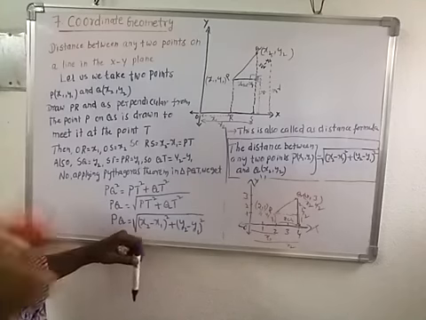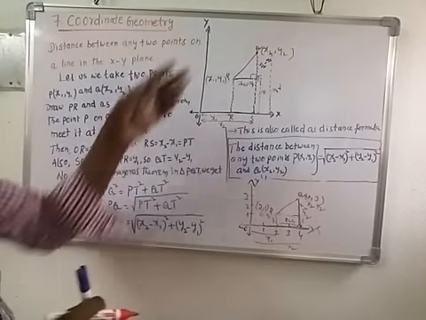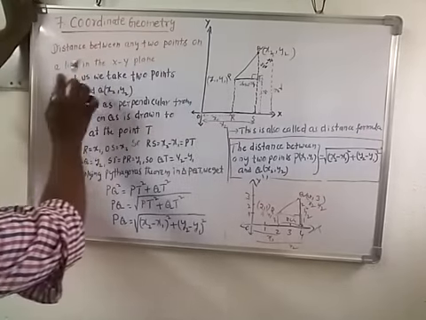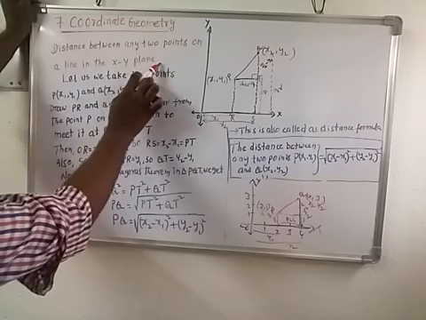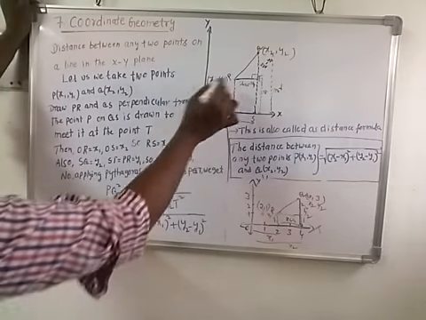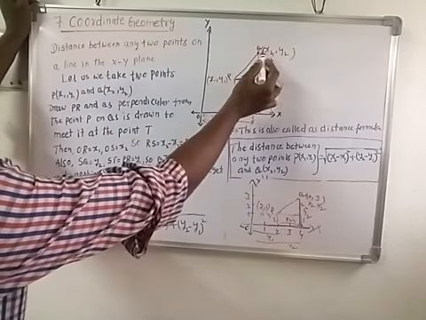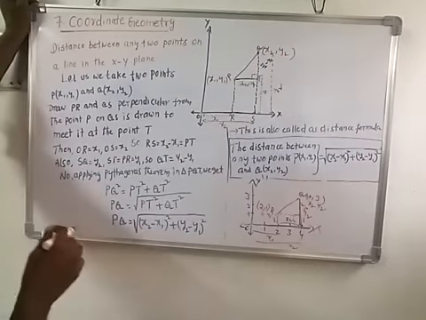And also in the same way, you observe the distance between any 2 points on a line in the xy plane. So let us take any 2 points P and Q. P is x1, y1 and Q is x2, y2.